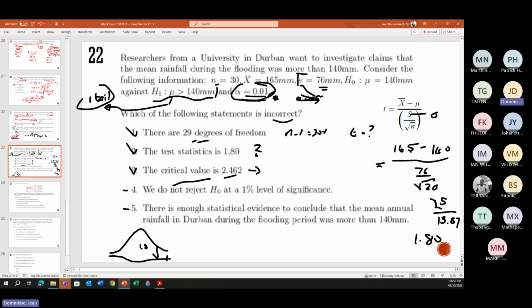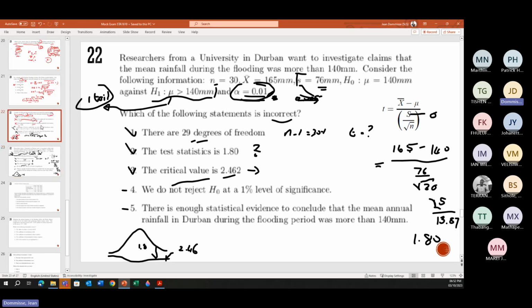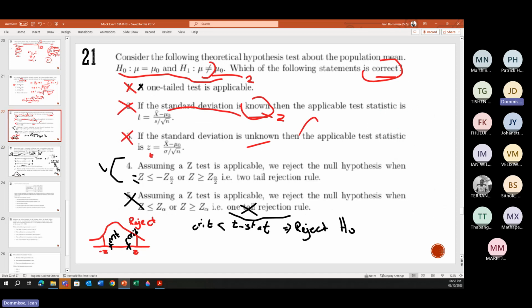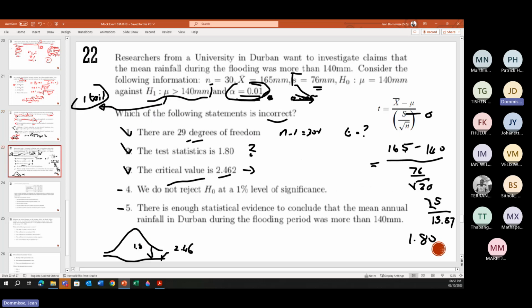The critical value is 2.46. So if the T-stat is smaller than the critical value, we do not reject the null hypothesis. So it's the opposite from the previous one.